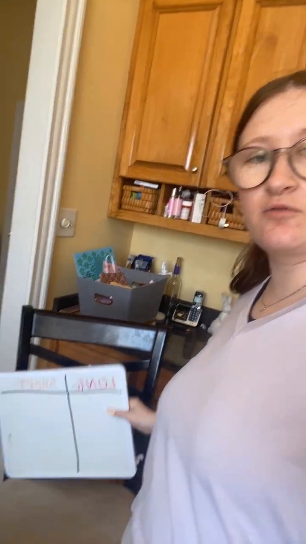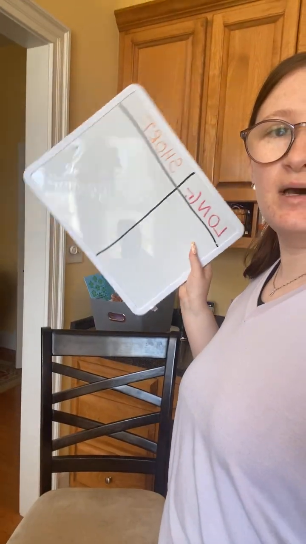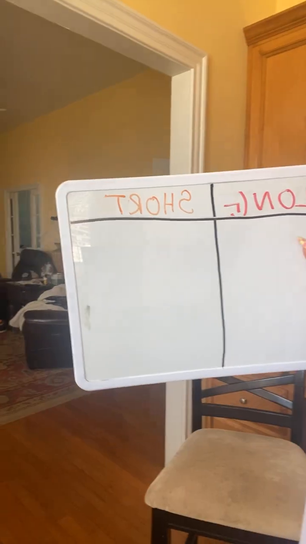So we will also be using the sorting whiteboard for that as well, but we will be doing it a little bit different. It won't just be short and long vowel words being packed in together and you have to sort them.